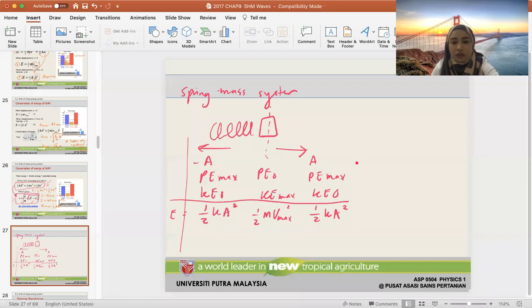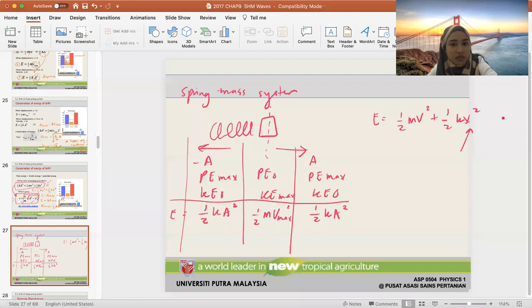The generic equation for the energy is equal to 1/2 mv squared plus 1/2 kx squared. This is assuming you are at a particular displacement that is random, it's not at the maximum, it's not at the equilibrium.